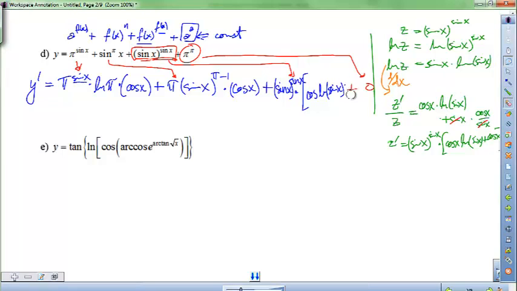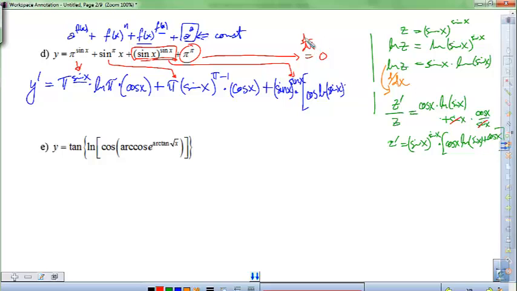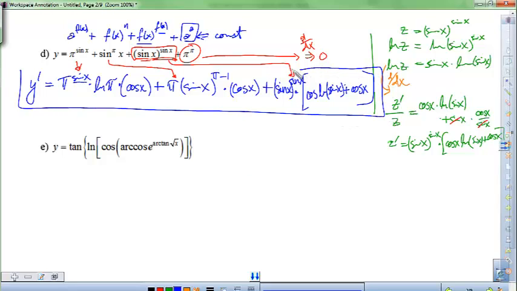We actually don't need this because we can just say it's equal to 0 up here. Alright, so cosine x ln of sine x plus cosine x. Whew, that's it. And that would be your answer for this particular problem.